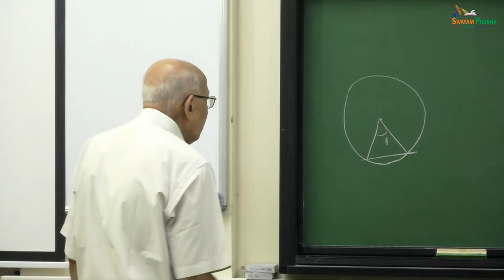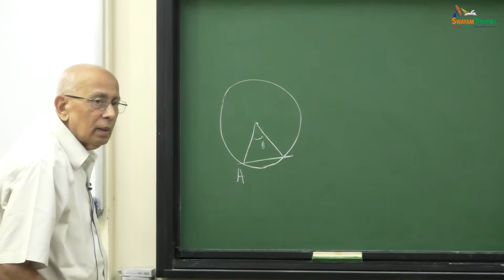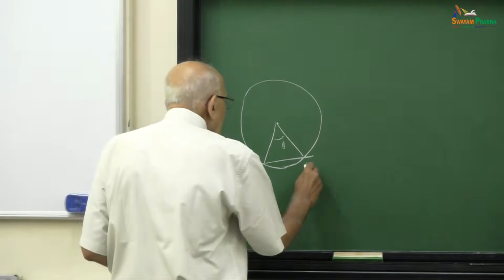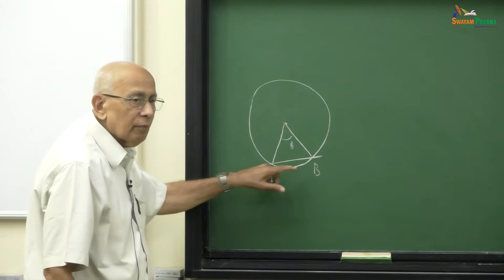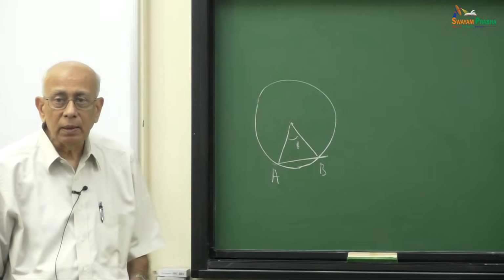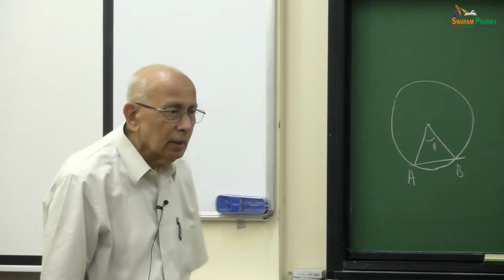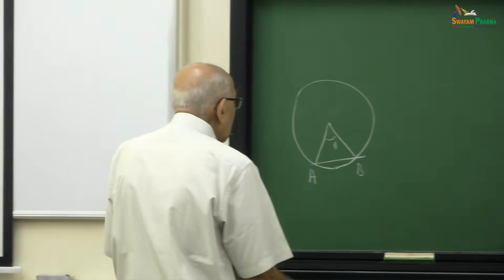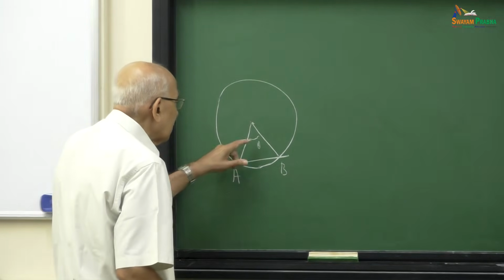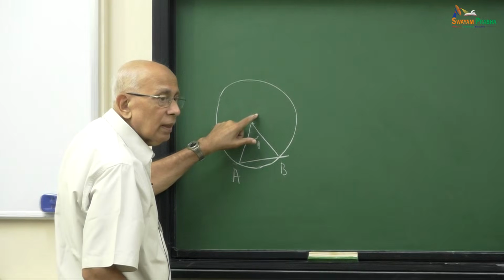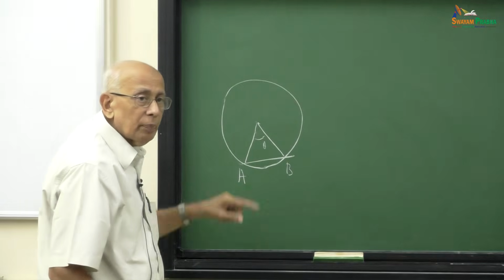So one would think that if you took a circle and marked a point on it at random, call it A, and drew a chord at random, and this point is B, what you've essentially done is to choose the 2 points on the circumference, the endpoints of the chord, randomly, uniformly distributed on the circumference of the circle. Then the probability of this chord being less than the radius is given by the measure of this angle with respect to the 360-degree angle here, 2 pi, and that's 1/6. So the answer would appear to be 1/6.